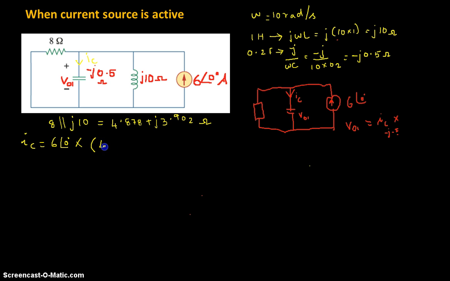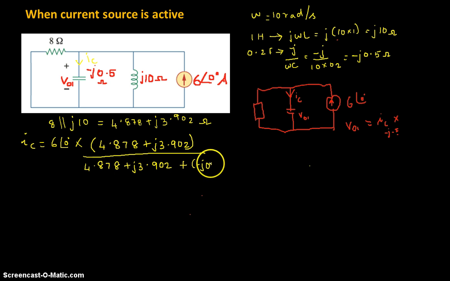The impedance value is 4.878 plus j3.902 over all the impedance value, so 4.878 plus j3.902 plus minus j0.5 ohms. If you do the calculation, then the current is 6.288 plus j0.413.